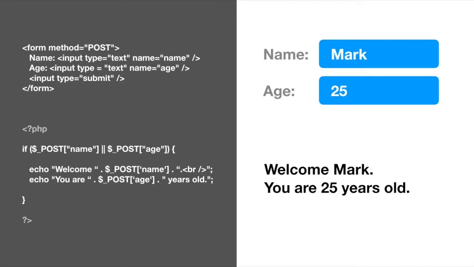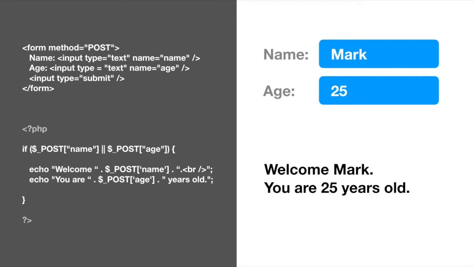Once that information is submitted, on the PHP side I now have information for the post. Just like you saw the GET superglobal, now I can call the POST. That's the first line in the PHP section. There's my condition that says if $_POST, as an associative array, I'm calling the key name, which is what I called my variable at the top.